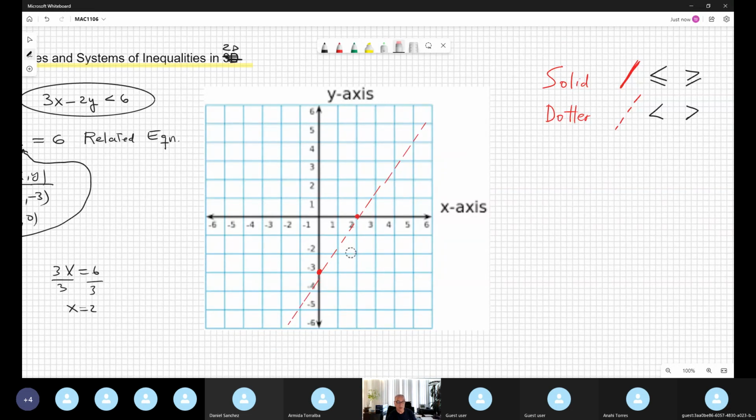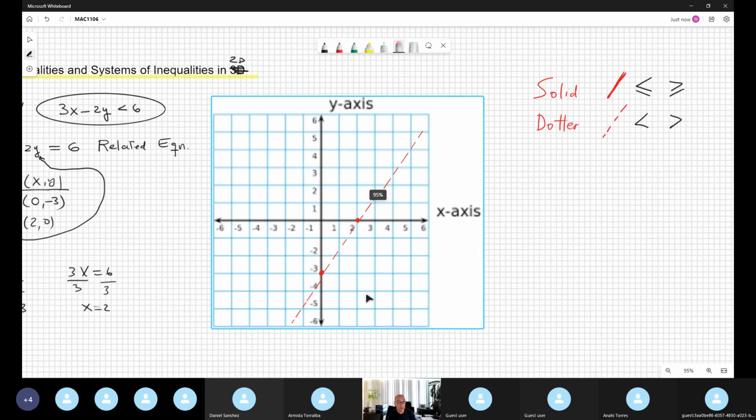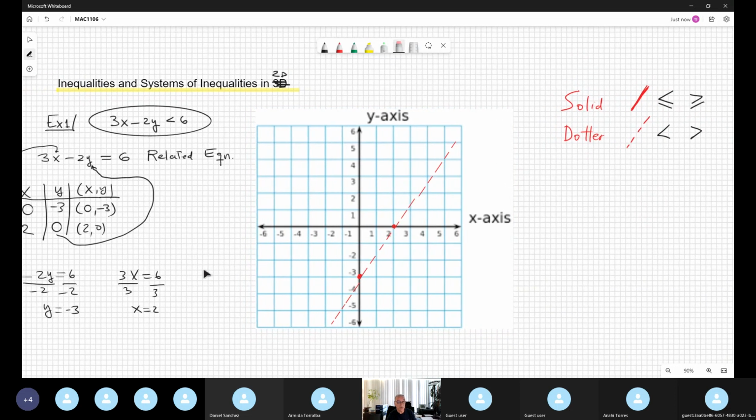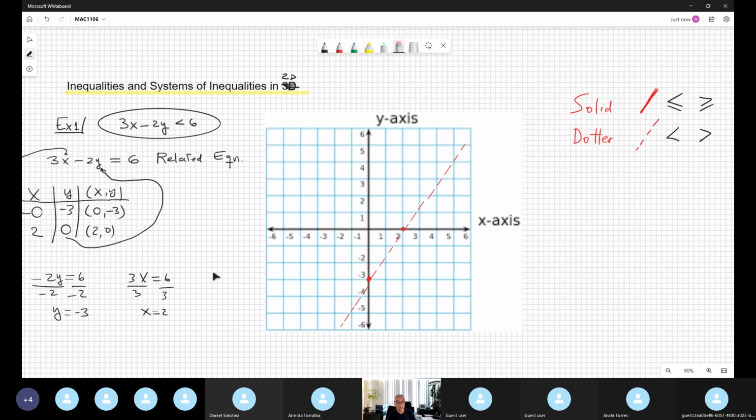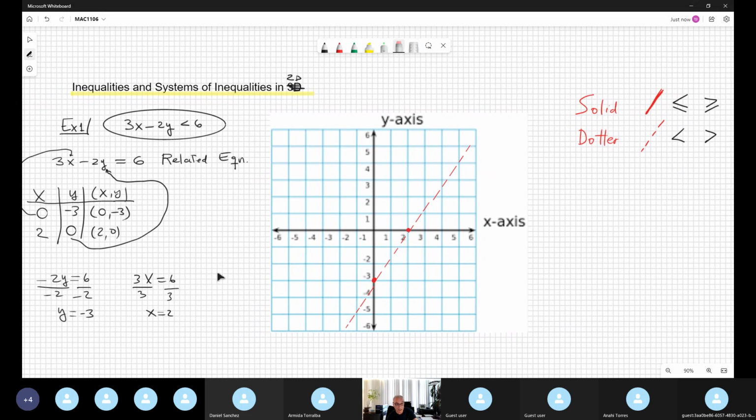To solve the inequality, I want to explain two different ways, and then you decide which way you prefer. Look, I made a line using the intercepts. I determined it is a dotted line because we have no equal. This line splits the plane into semi-planes, above the line or below.